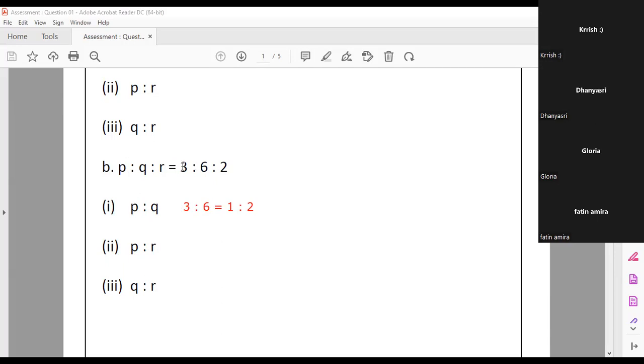P to R: P is 3 parts, R is 2 parts, but it cannot be simplified, so we just leave it as it is. Q to R: Q is 6 parts, and R is 2 parts. Thus, this can be simplified. It's 3 to 1. Done?